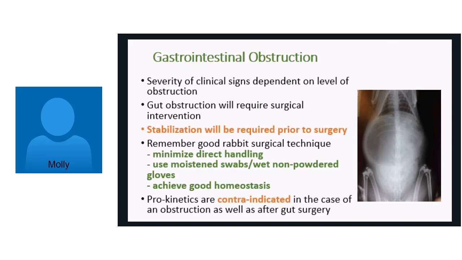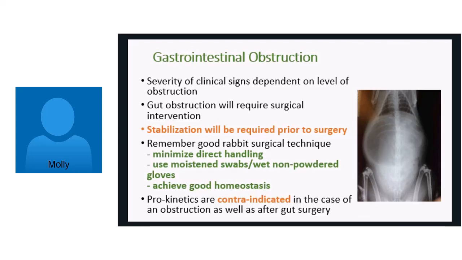So, very common to other species, the severity of the clinical signs tends to be dependent on the level of the obstruction. The higher the obstruction, the more rapidly noticeable and the more severe the clinical signs tend to be. And in most cases, an obstructed gut will require surgical intervention.